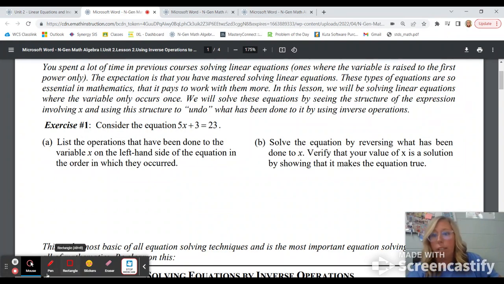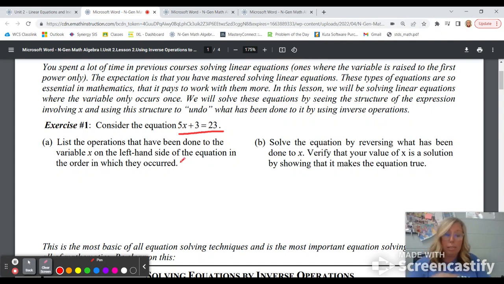In exercise 1, we've got the equation 5x plus 3 is equal to 23. Part A says list the operations that have been done to variable x. When you're solving an equation, you have to consider what the equation says is being done so that you can then undo it.